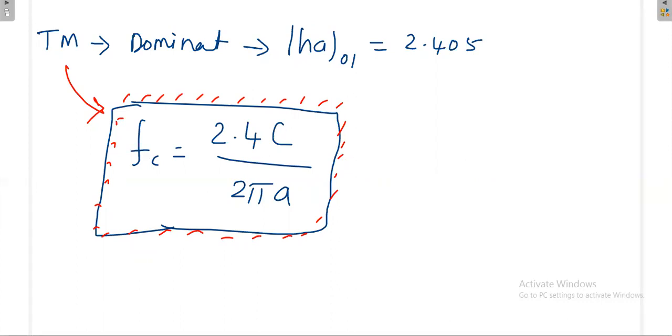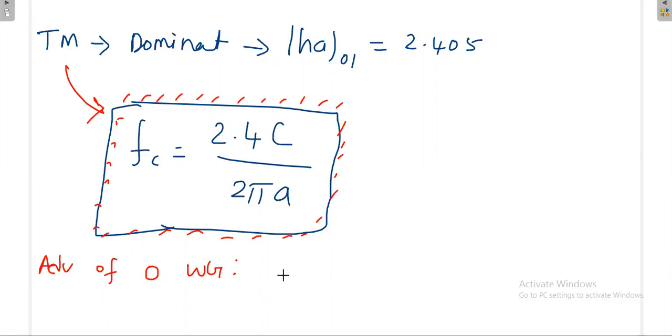Okay. Next, what is the advantage of circular waveguide? Because there are two types of waveguide, one is rectangular and another one is circular. Then what is the advantage of this one? Okay, it has less attenuation.